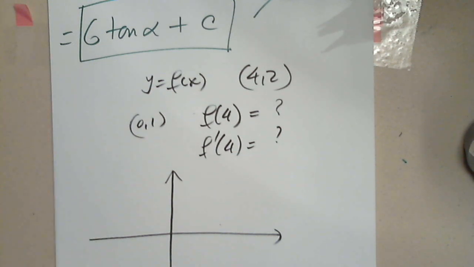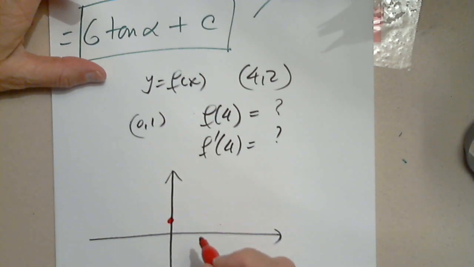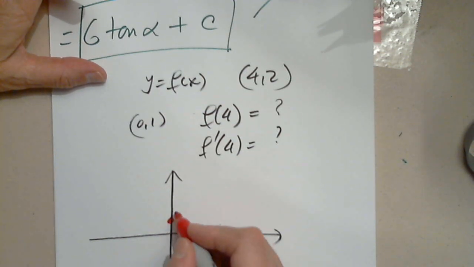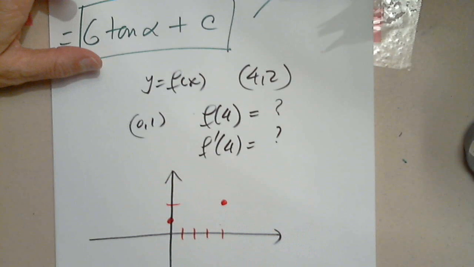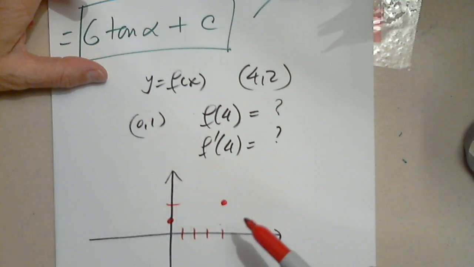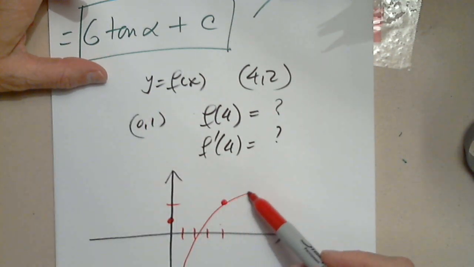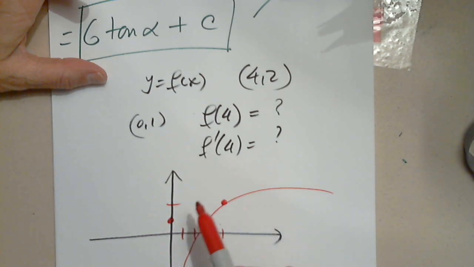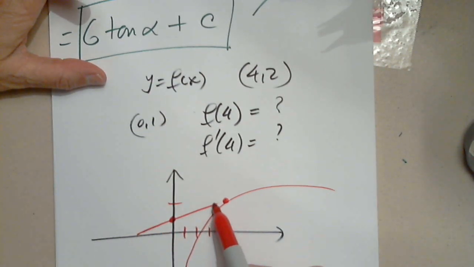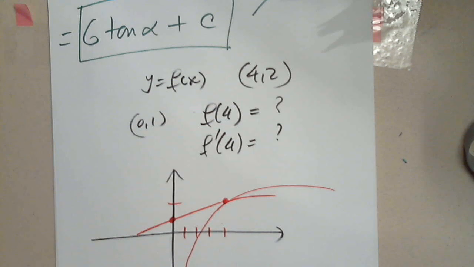So the point (0, 1) is this point. 1, 2, 3, 4, comma 2 is this point. So there is a function, and the tangent, it's not really tangent, I'm sorry. I'm going to erase that.